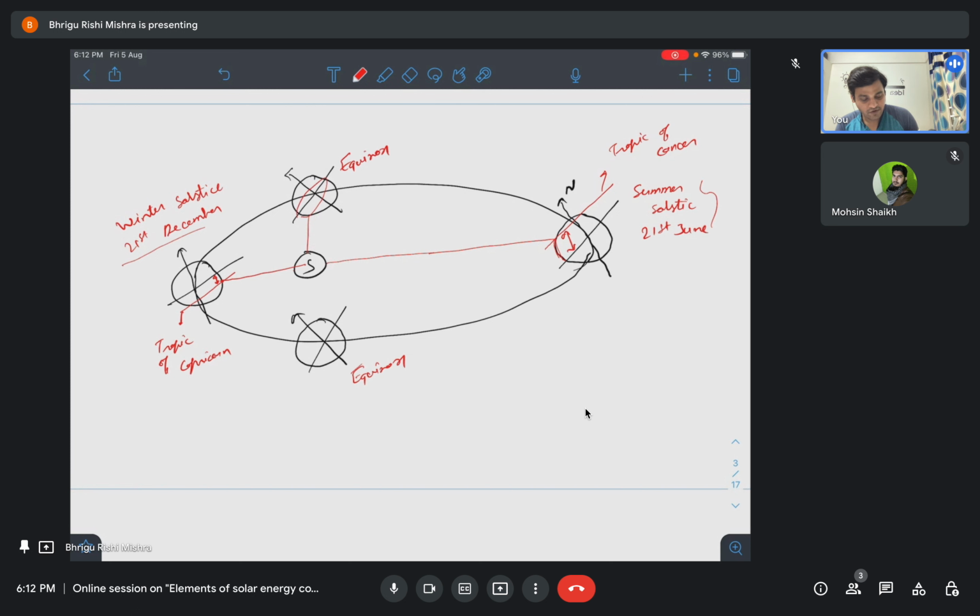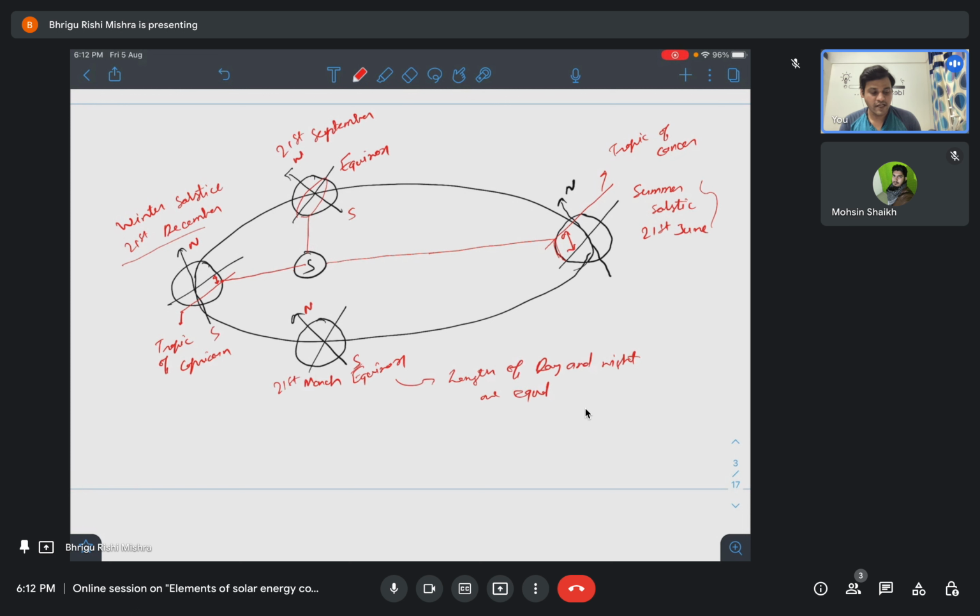That is why at equinox the length of day and night are equal. This one is at 21st September and this one is at 21st March.